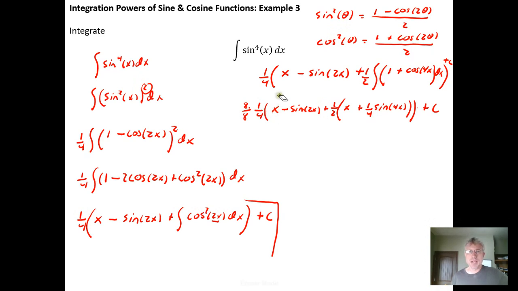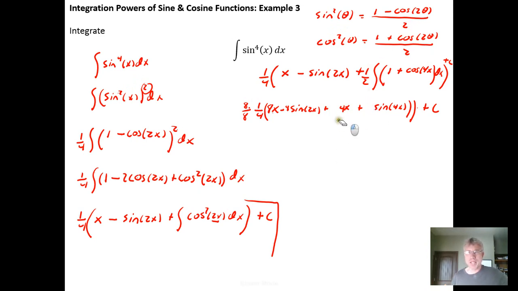If I distribute the 8 into the parentheses, I would get an 8 here. I would get minus an 8 here. I'd get 8 times a half. So 8 times the half would be a 4, and then I could distribute the 4 into the parentheses. 4 times x would be 4x, and 4 times a 4th would be 1.